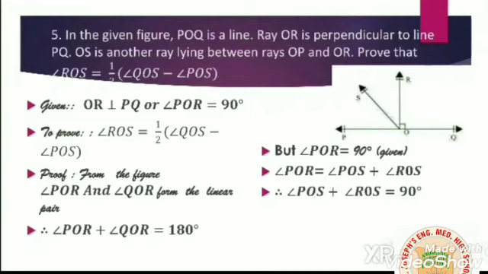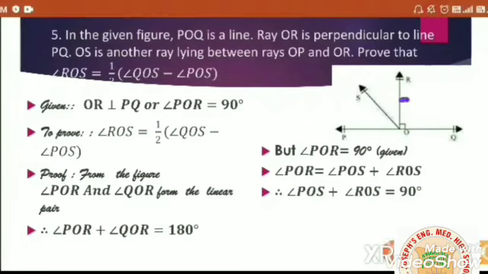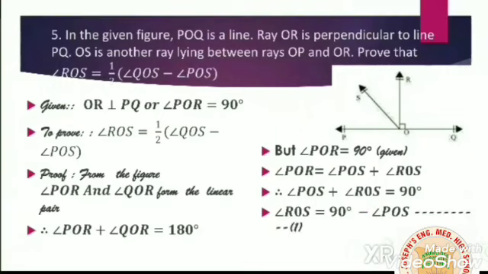So POR is equal to 90 degrees, so POS plus ROS is equal to 90 degrees. Yes, we have written POS plus ROS is equal to 90 degrees, because POR is equal to 90 degrees. Next, if you want to find ROS, if I take POS to this side, it will become negative. So we write ROS is equal to 90 minus POS. Give it as equation 1.